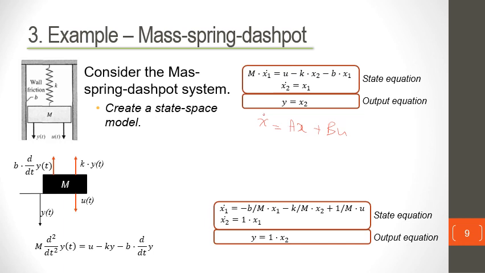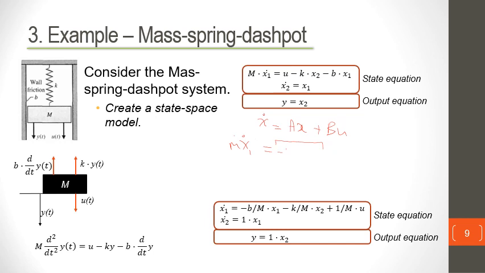Having done that, we can simply take this first equation x dot, because it does not conform to the standard that we are putting here. So the first few variables have to relate to the states themselves.